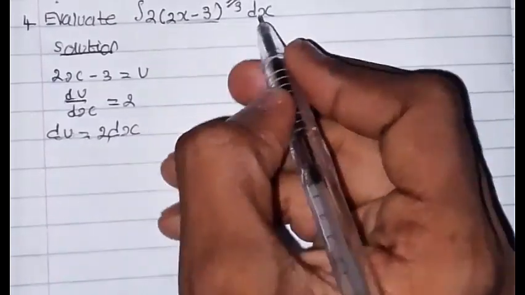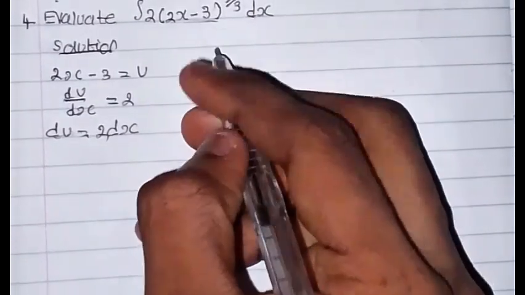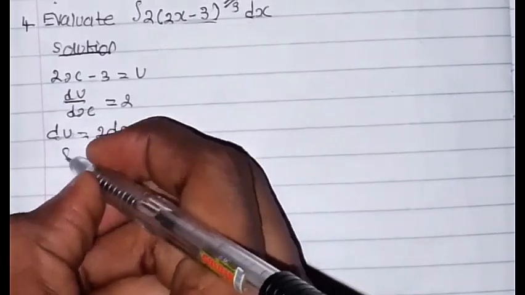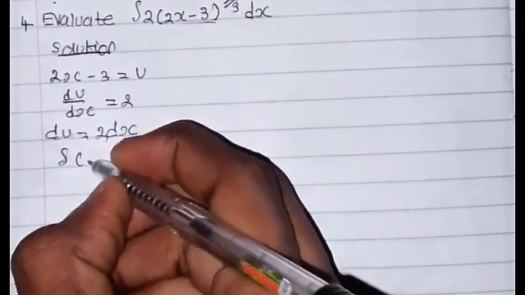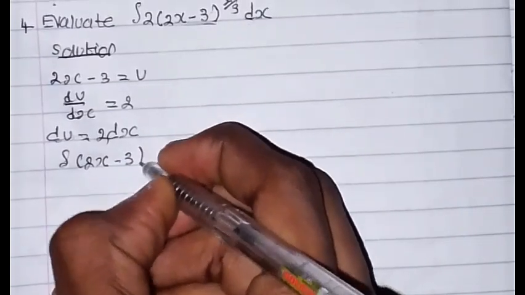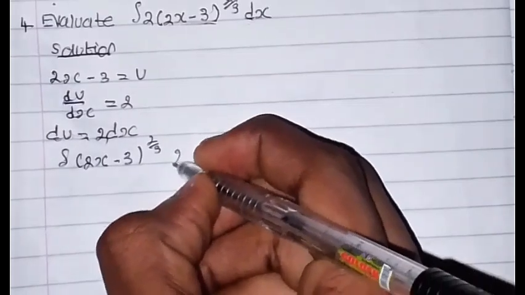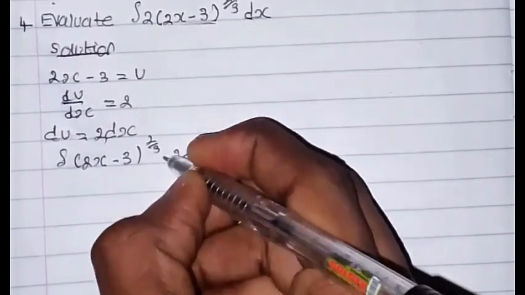So now let's replace it here. Alright, so we'll define the integral of 2x minus 3 to the power of 2 over 3 times du, which is 2 dx.